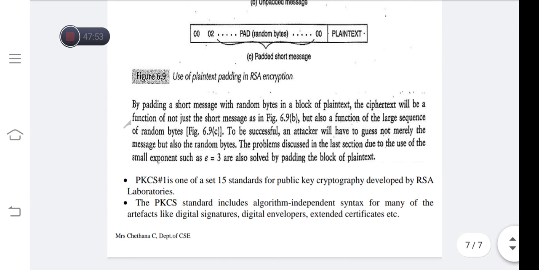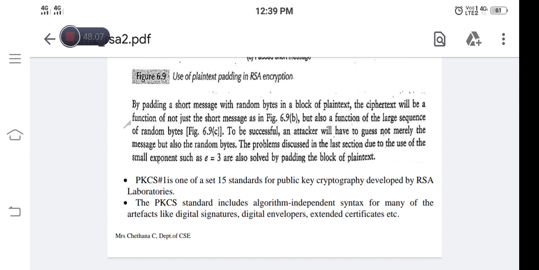Now this PKCS #1 is one of a set of 15 standards for public key cryptography developed by the RSA laboratory. PKCS #1 is one among them.